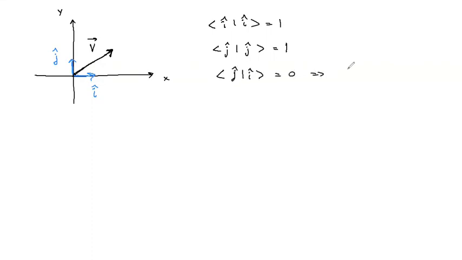Which would mean that my vector i is orthogonal to vector j. Then coming back, this is a basis. The basis is complete if I can take any vector v, and present it as a superposition of this x component and y component.